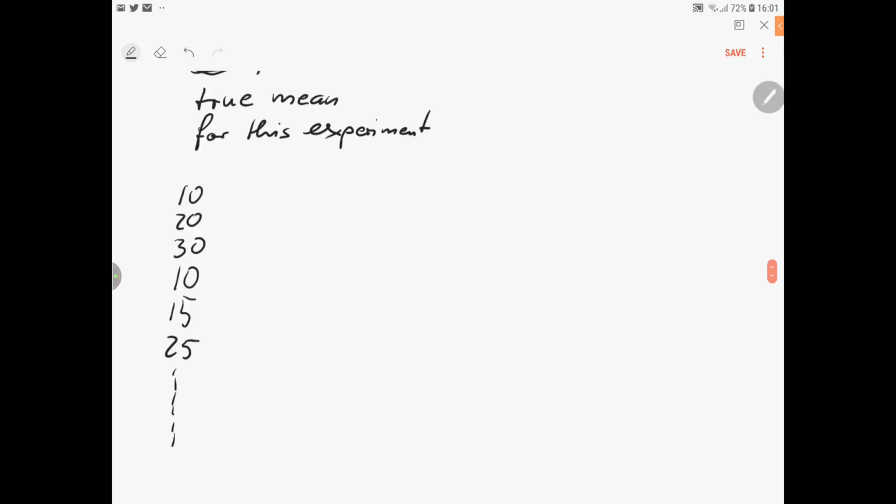And we want to know actually what is the correct mean of all these data. And for that we just simply use our 3 data to make this prediction. Does that sort of make things a little bit clearer?